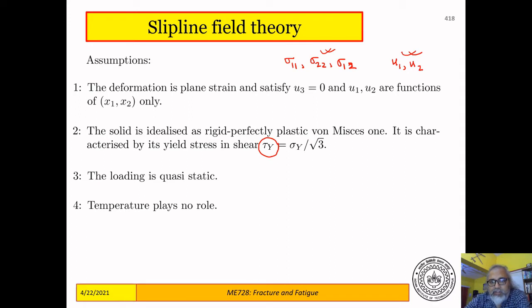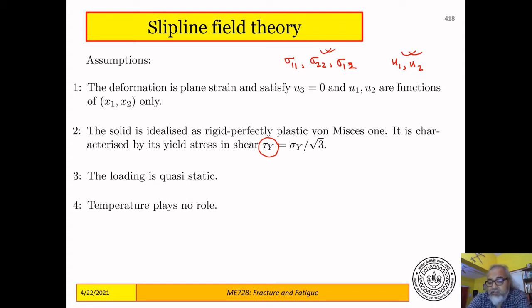So with these assumptions, we can construct what is known as a slip-line field for a problem where we have rigid perfectly plastic situation. Rigid perfectly plastic means, as we have seen before, that the elastic strains are neglected. The entire strain is plastic strain.